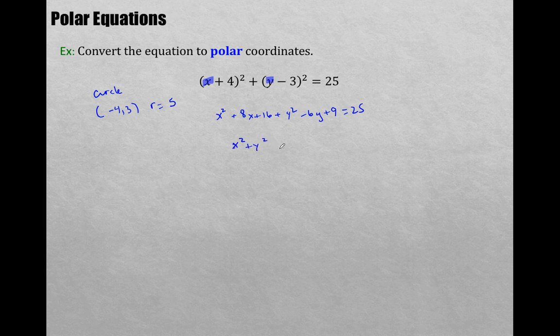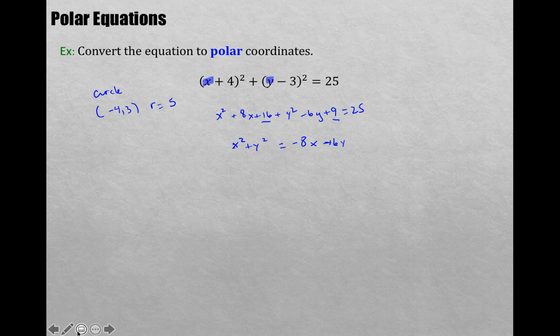I know what I'm going to replace that with. I'm going to get everybody over to the other side. What is that? 8x, and then minus 6y. And then I had a 16 and a 9, which is a 25, which canceled out with that 25. So I just have a 0.